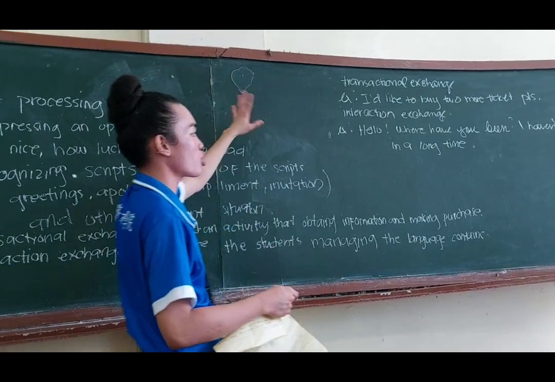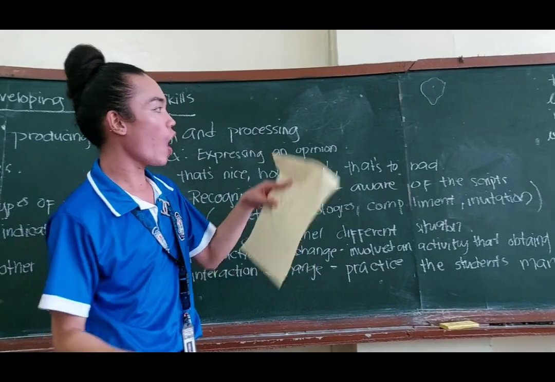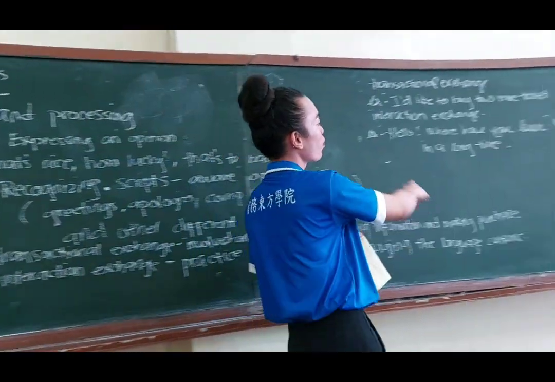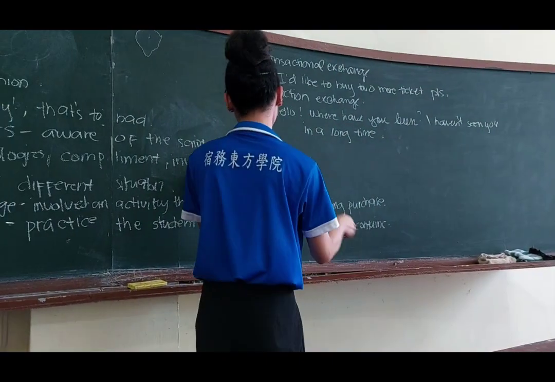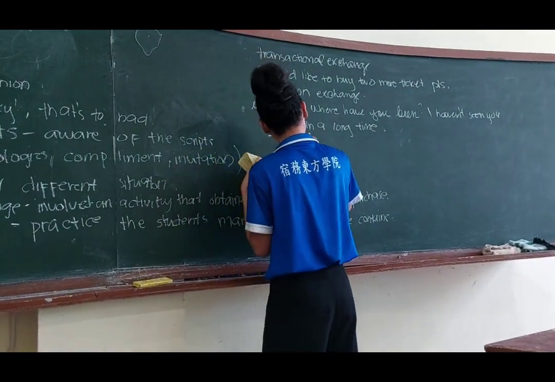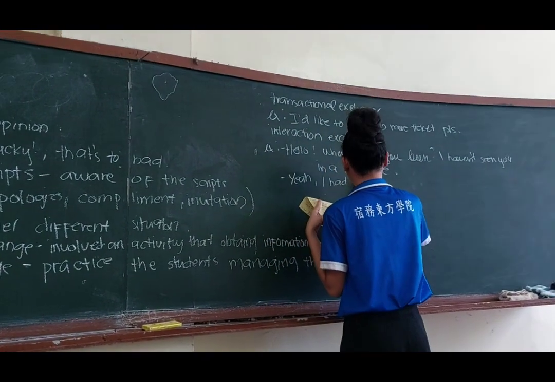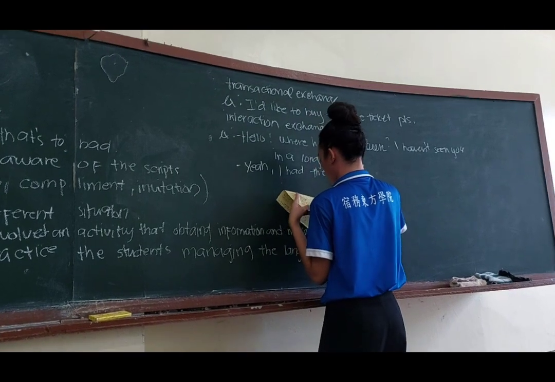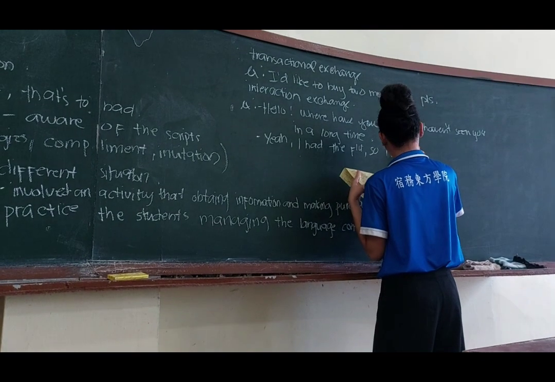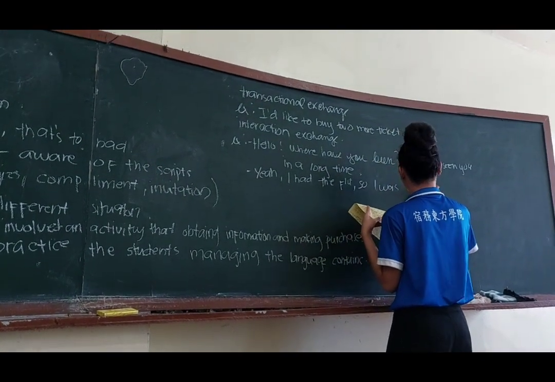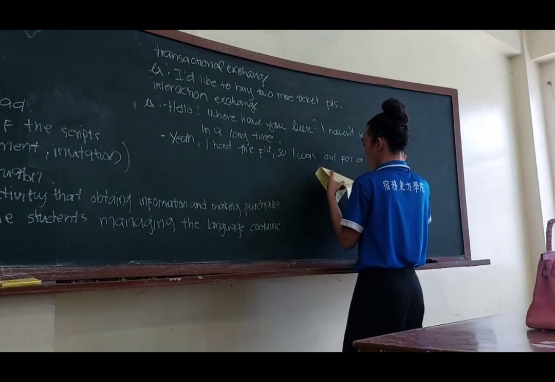interaction exchange. In interaction exchange, there are responses. For example, hello, where have you been? I haven't seen you in a long time. So the response is this one: yeah, I had the flu, so I was out for a while.